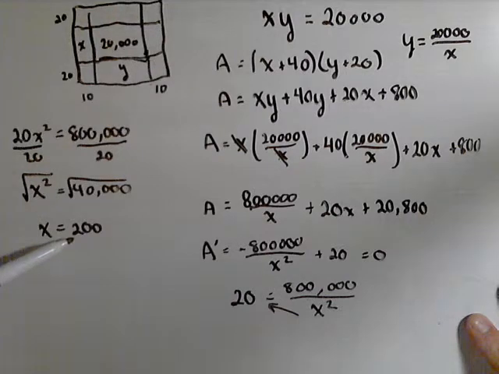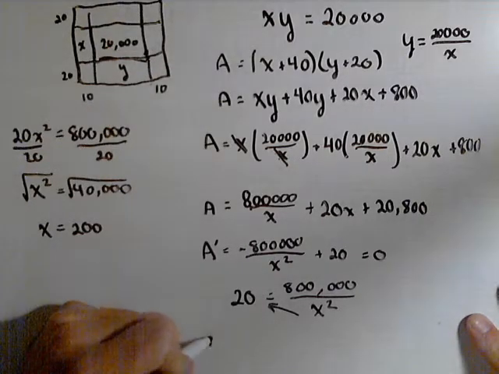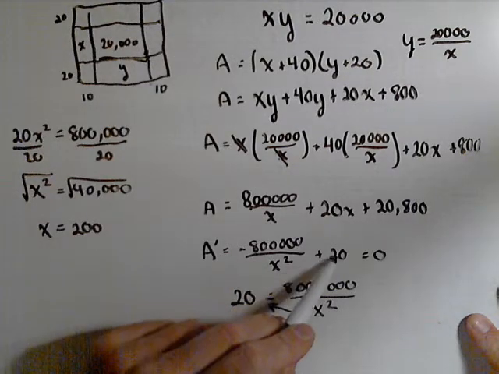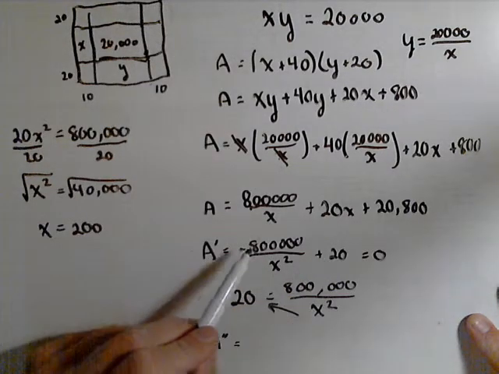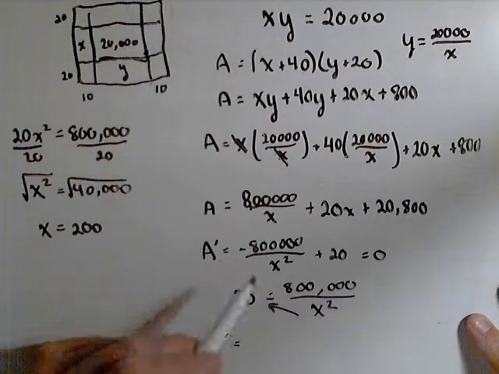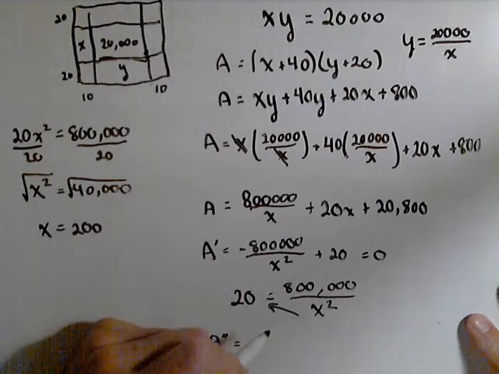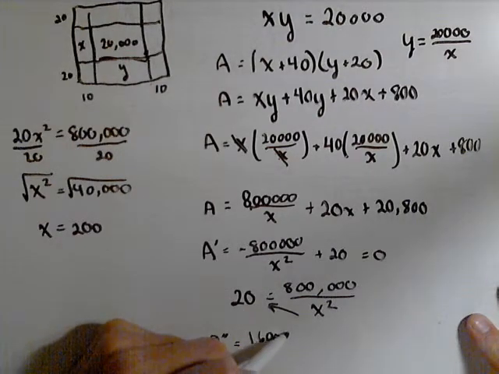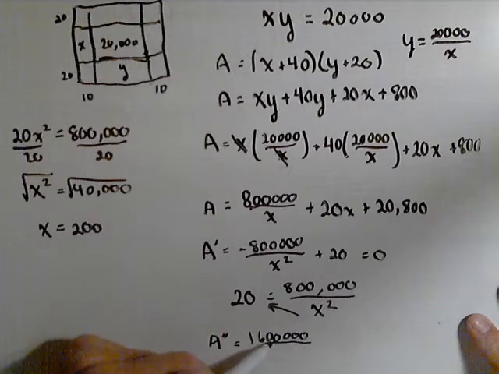So 200 is going to be a max or a min. There's a couple different ways we could check that. One would be by doing the second derivative test. So if I find my A double prime, this constant's going to go away. The derivative of this, I pull the negative 2 down, and I've got then 1,600,000 over x cubed.